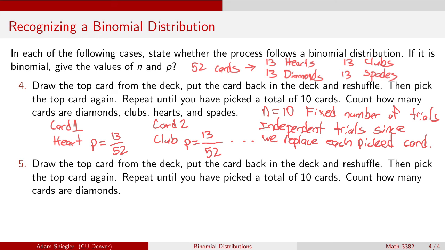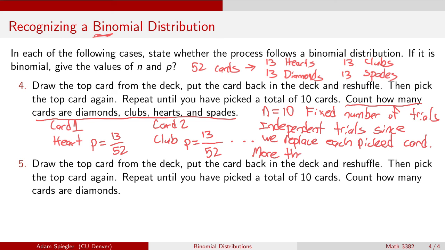But what's not true, okay, remember we're dealing with a binomial distribution, so that means we should have only 2 outcomes. And so here we're counting up 4 different outcomes. We're counting up either the result is a diamond, is a club, is a heart, or is a spade. So we have 4 outcomes. We're not really clear what a success or a failure here is.